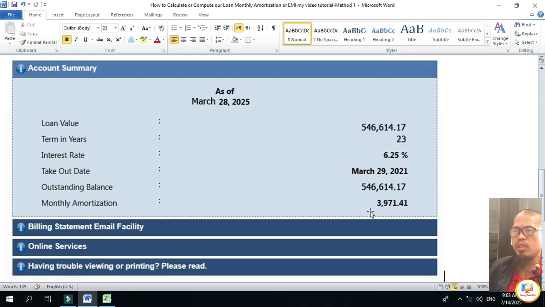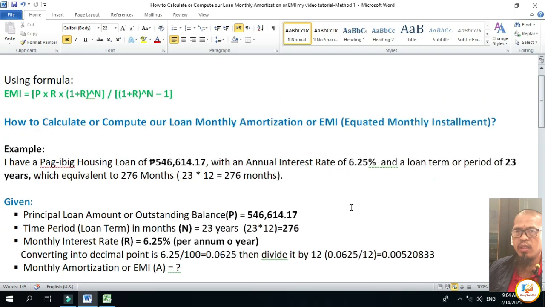My monthly amortization is 3,971.41. So we're going to compute this, to see how Pag-ibig computed this particular monthly amortization payment. We're able to get this amount by using this formula.